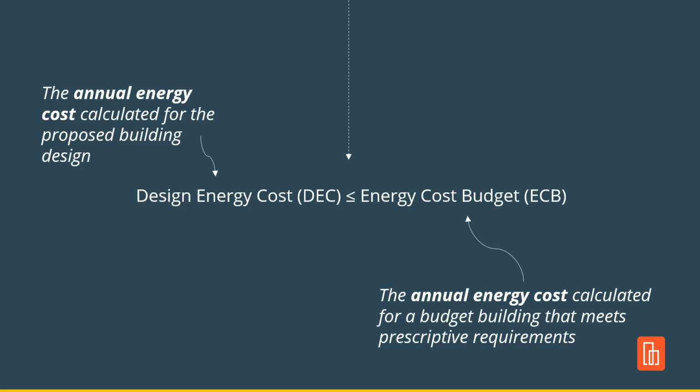That is the annual energy cost calculated for the budget building as a function of the prescriptive requirements that are embedded within it. That's effectively what you're doing. It's a very simplified summary of it, but that's the outcome. There are other things that need to be met as well, which I'll go into when we jump onto the platform. But that is the goal.